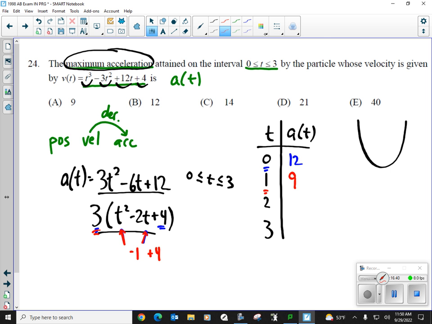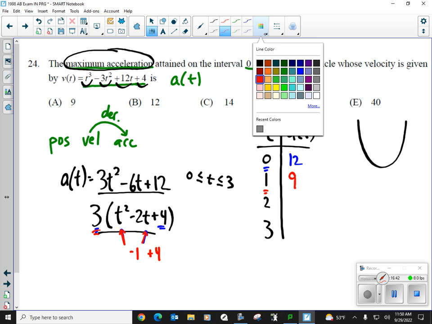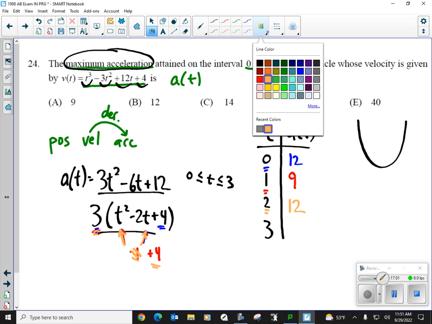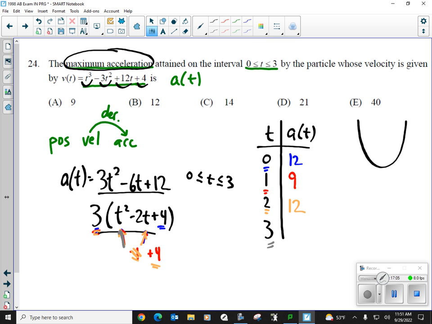Let's go a different color, orange, for 2. 2 squared is 4, minus 2 times 2, which is also 4. 4 minus 4 is 0, plus 4, and then 4 times 3 again is 12. Now let's go gray and put a 3 in. 3 squared is 9, minus 2 times 3 is 6, plus 4.